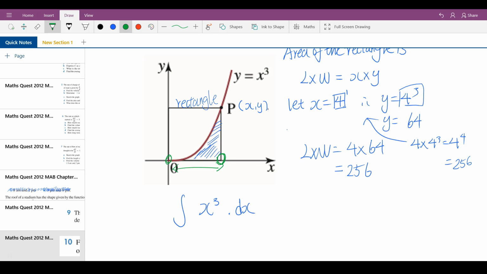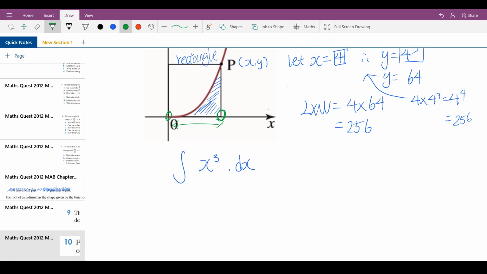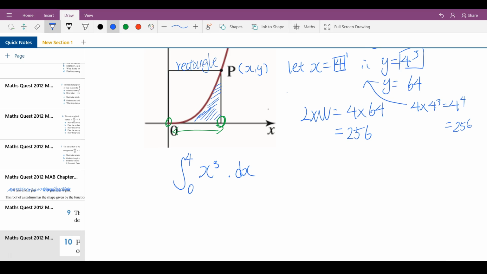Whatever that point is, since we use 4, let's just call it 4 and 0. Now let's integrate that. That gives us x to the power of 4 over 4 from 4 to 0. That's the area.